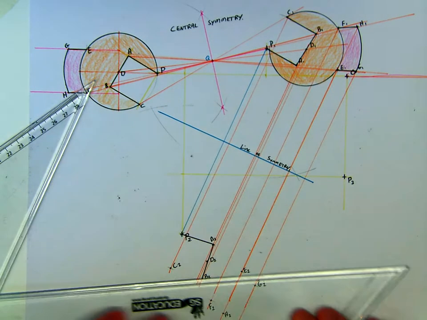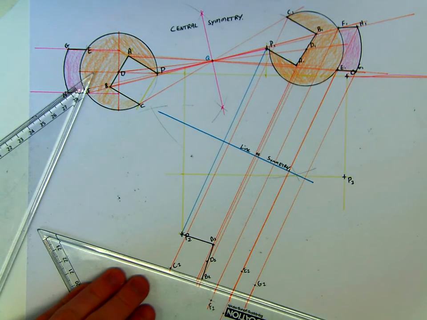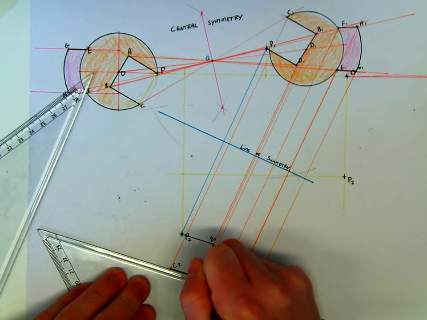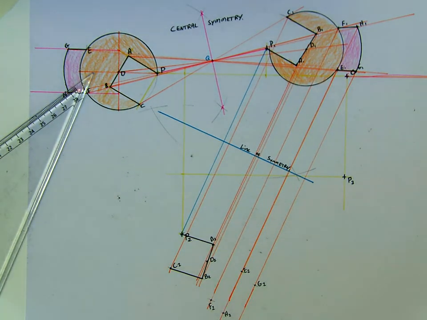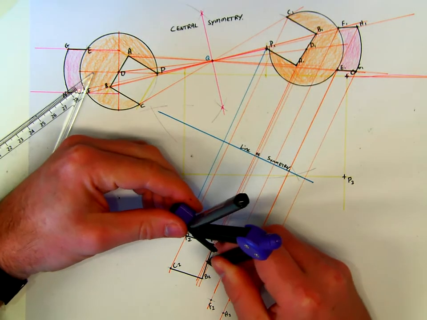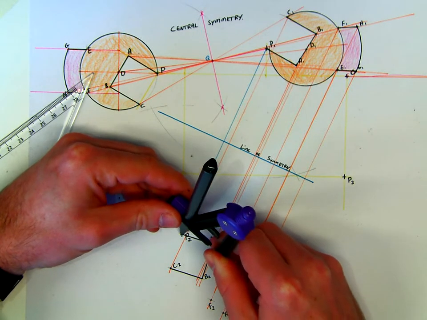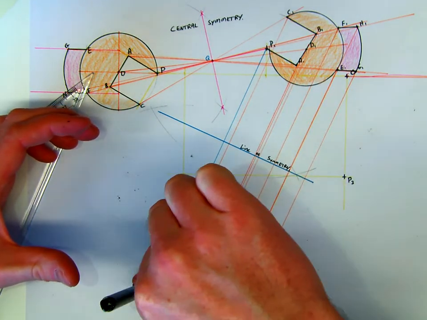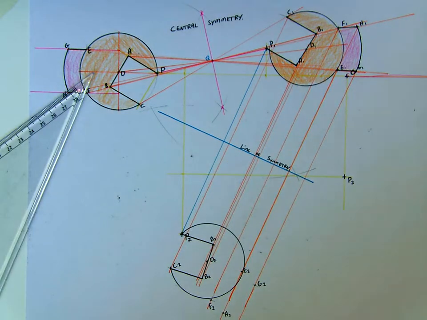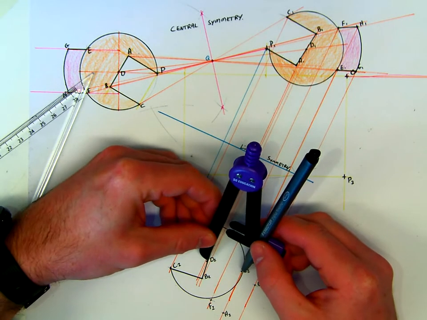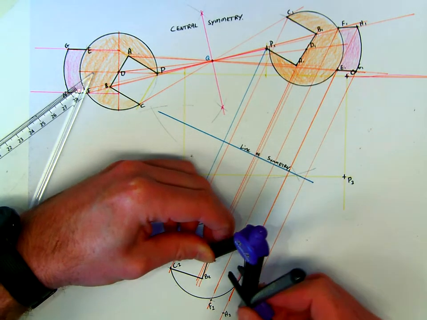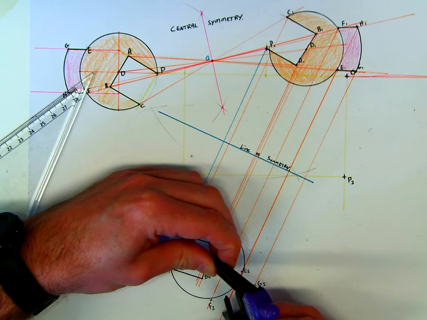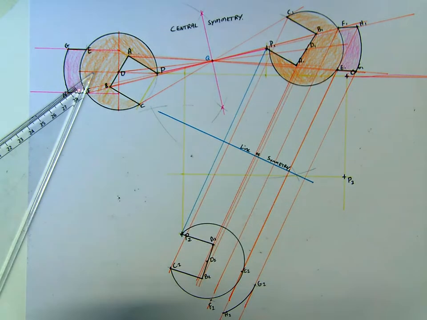A goes to B, and B goes down to C. Now my compass goes on D, and I have to swing a curve from P all the way around to C. So my compass goes on D, swing that curve there, and my compass can stay on D, and I also have to swing a curve from H to G, so H2 to G2.